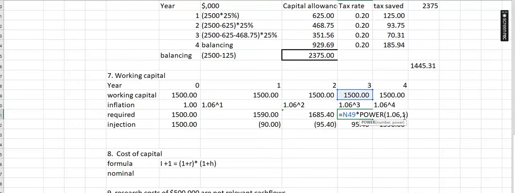Where there's a 1, you put a 3. And where there's a 1, you put a 4. So this is very quick, like that. It's quick. Okay, so next let's look at working capital injection. That's for another video.